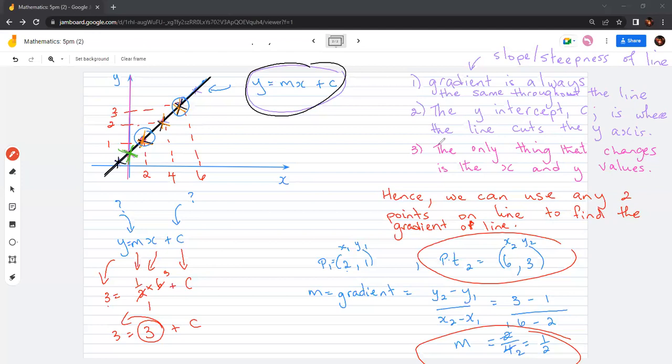Because it was adding, when it goes across, it becomes minus. So it becomes 3 minus 3, which is C. So 3 minus 3 is 0. So C is 0.